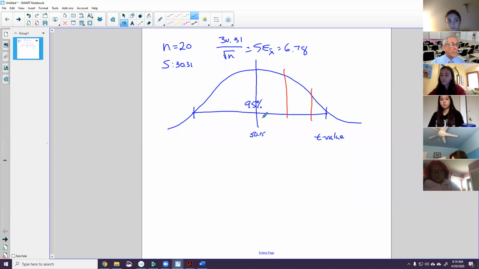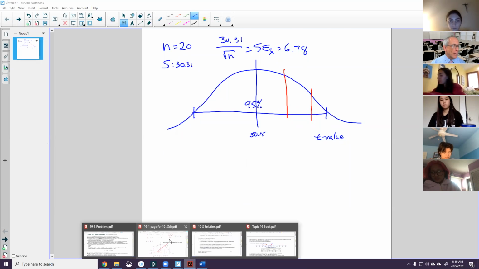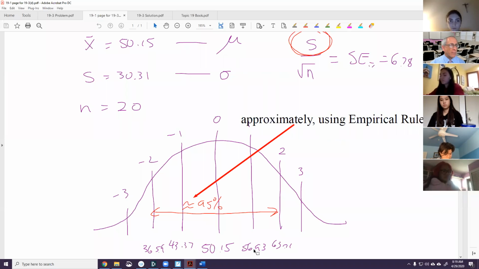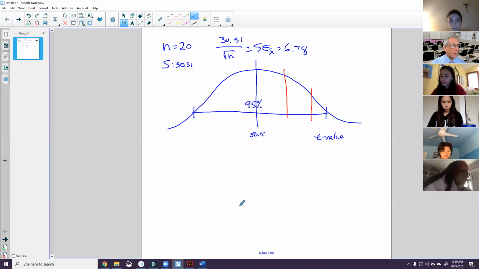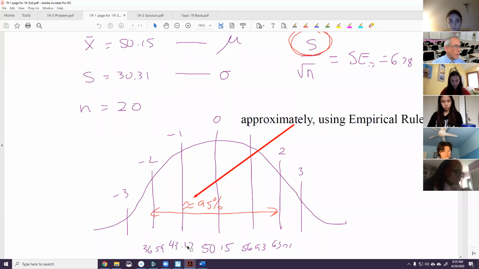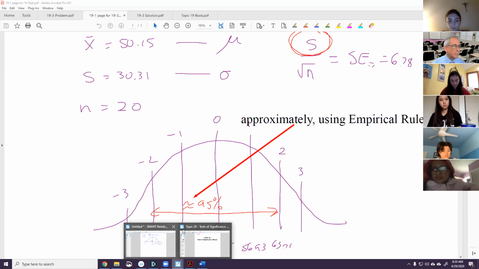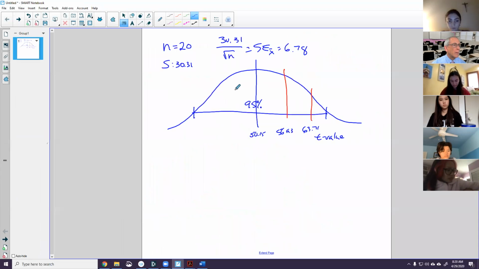So my standard deviations are going to look like 56.93 and 63.71 on that side, and then on the other side, it's going to be 43.36 and 36.58.